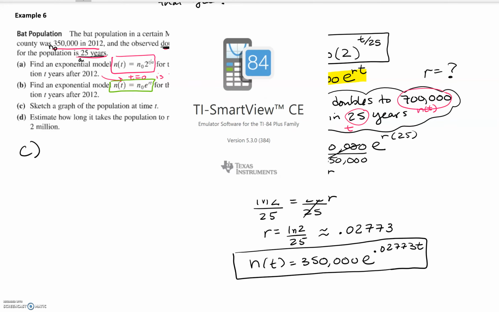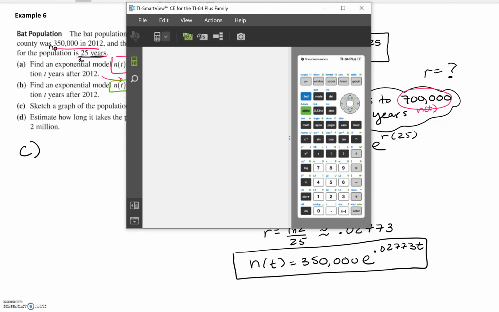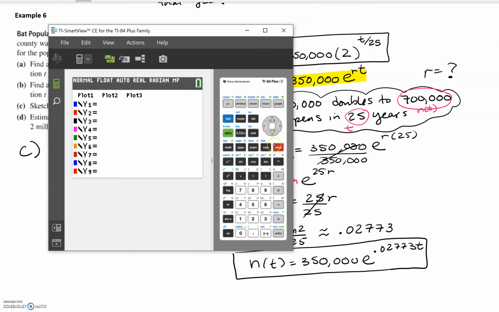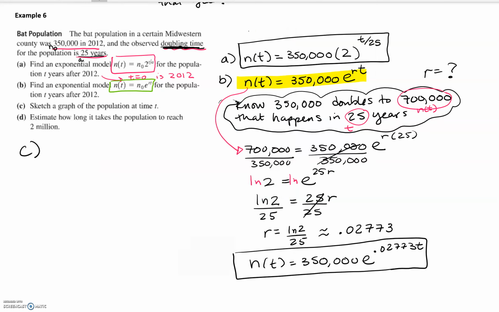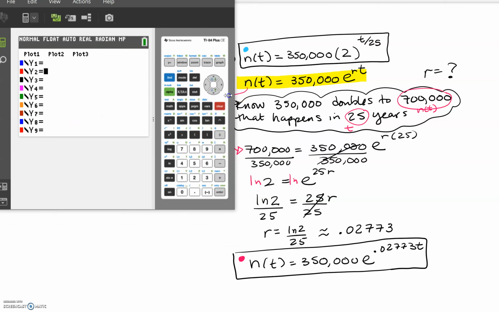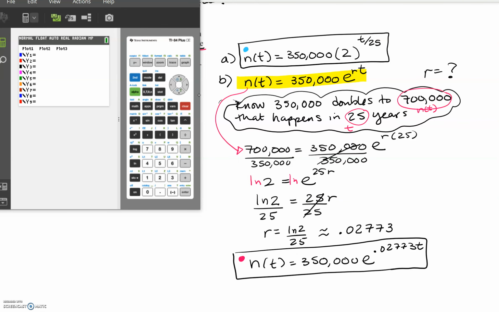Let's pull up our graph. I'm going to put the first one in blue, and I'm going to do the second one in red. Because both of them describe the exact same population, but in terms of different growth rates, both of those graphs you'll notice will be identical. So let me put it in thousands.